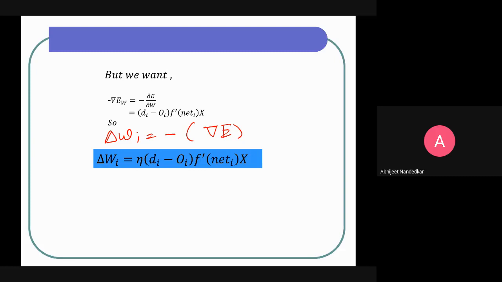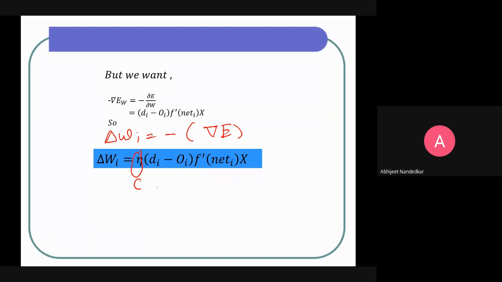So this we obtain as change in weight is equal to some learning constant, sometimes I write C, times di minus y, f dash of net, times x.